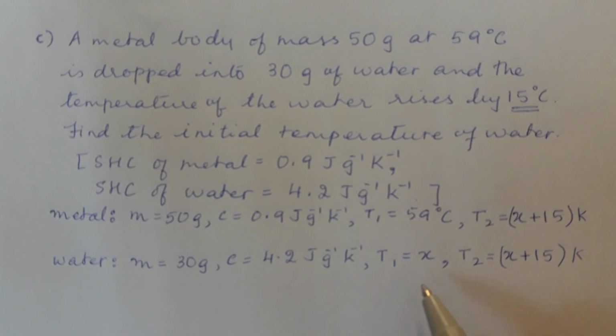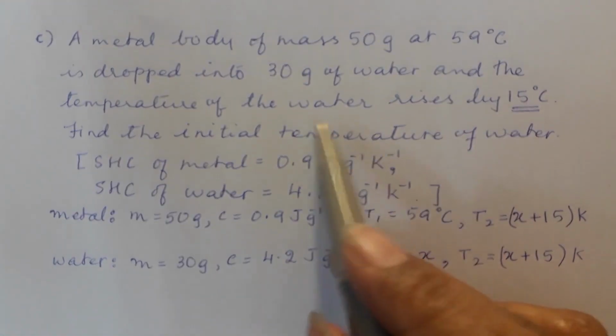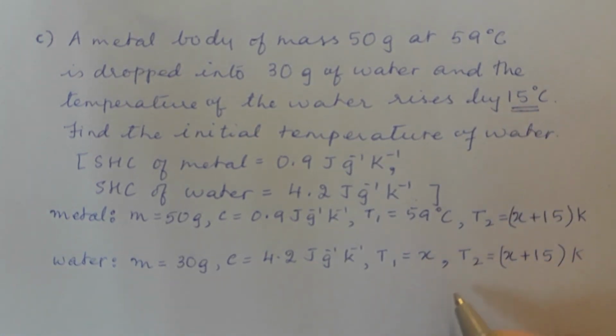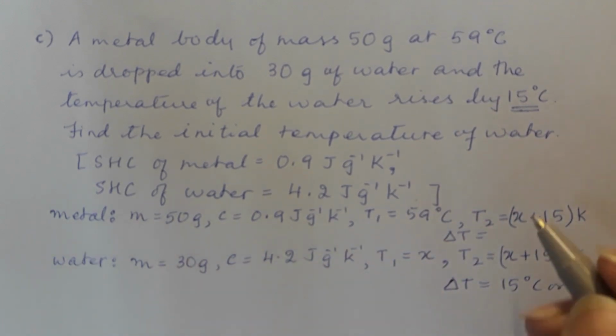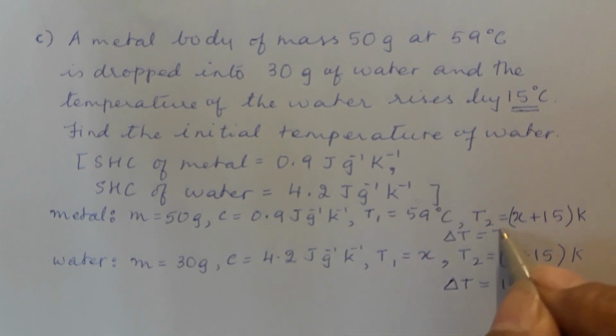So now we know that the delta T for water, that is the rising temperature, is 15. So we know that delta T for water is 15 degrees C or Kelvin, but delta T for metal is going to be the higher temperature minus the lower temperature.